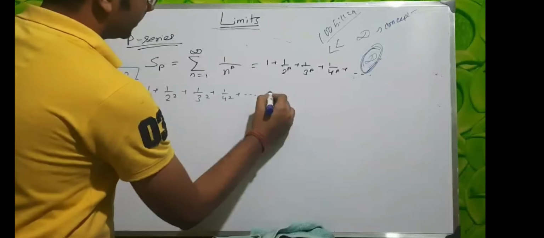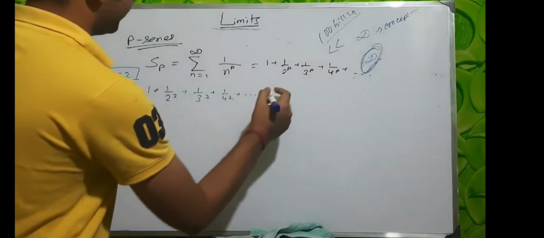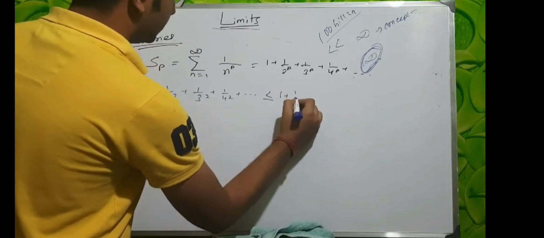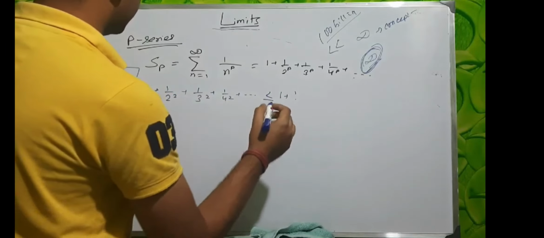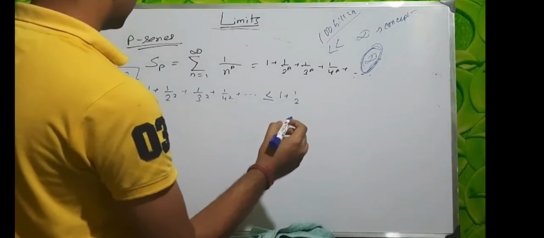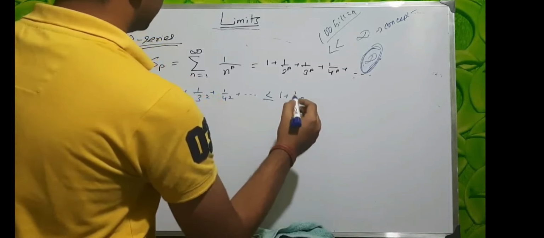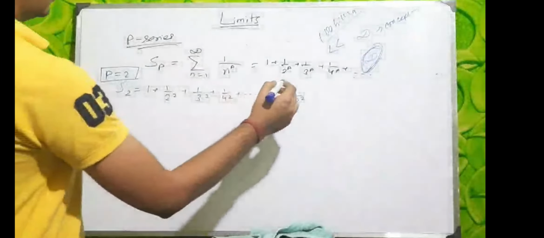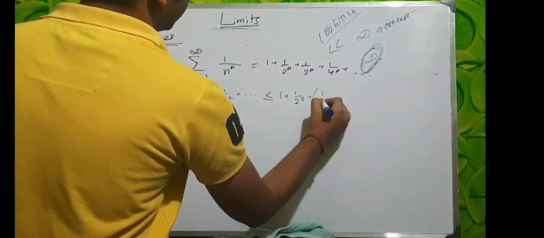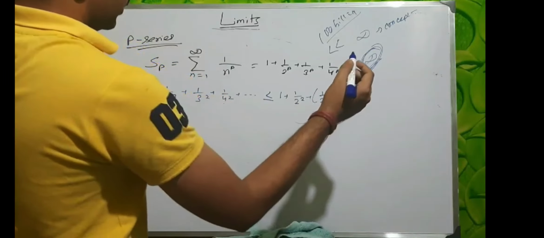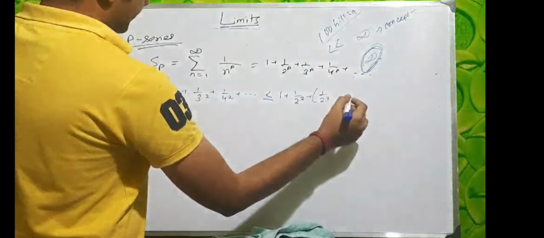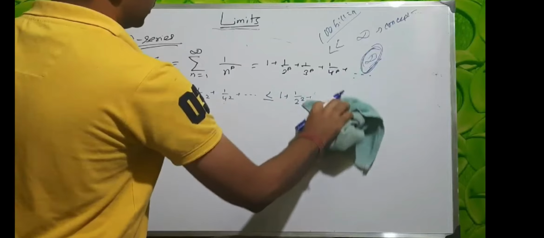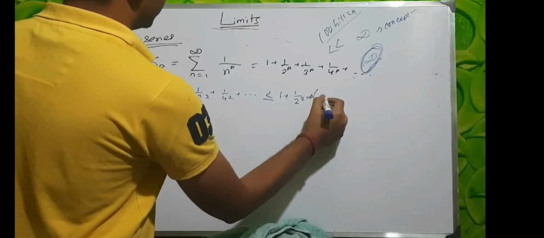So how could we do that? Suppose we take this. And then we take 1 over 3 squared, 4 squared, 5 squared, 6 squared, all of which are smaller than 1 over 2 squared.